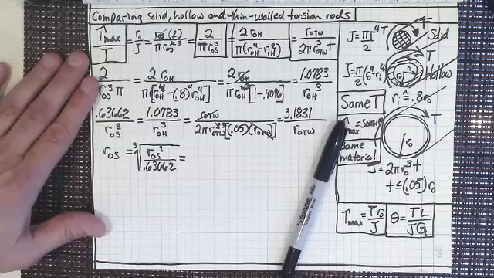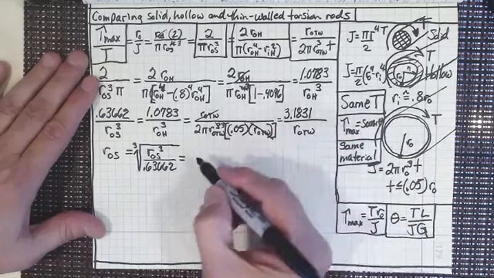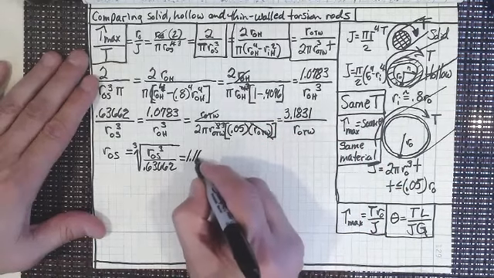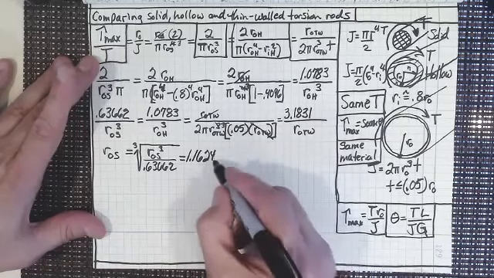I hope. So 0.63662 taken to the reciprocal, and then the cube root of that, I get 1.16, I'll actually get 1.1624, right?